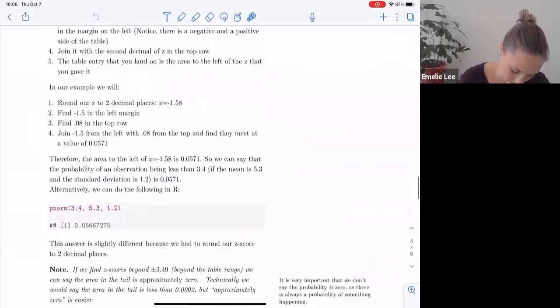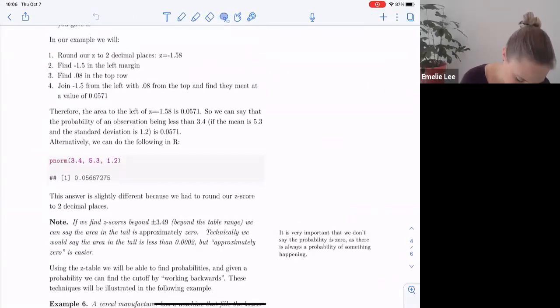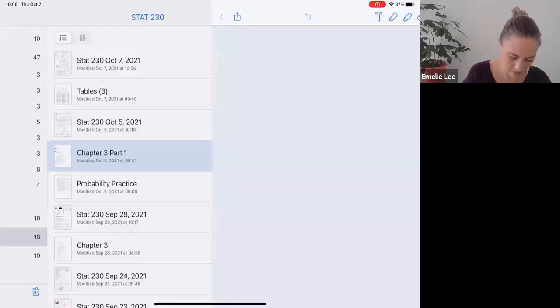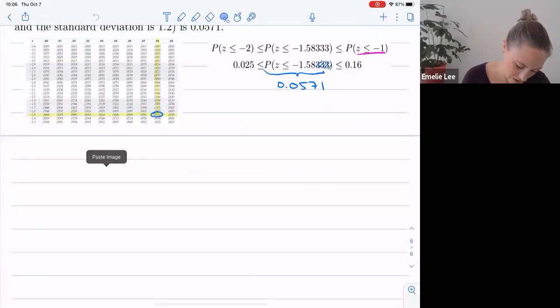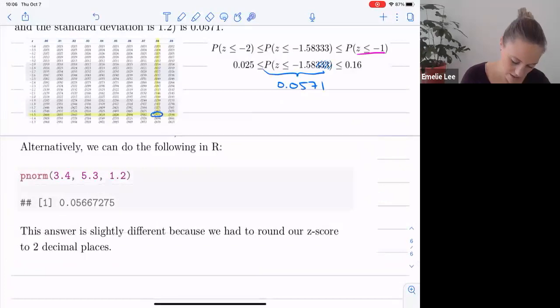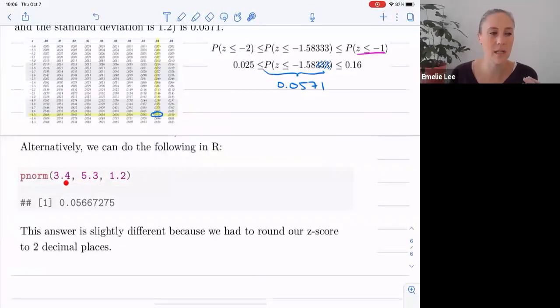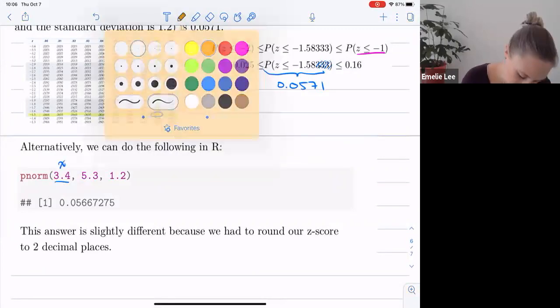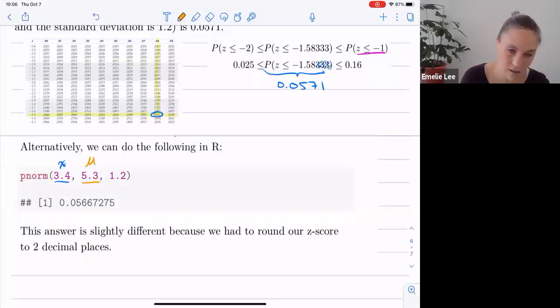So in R, we can use what's called the p-norm command. So it just does it for us. And I just recently saw p-norm of just the z-score. So we can do this in R. If we use the p-norm command, which is just built into base R, it takes the x, it takes mu, and it takes sigma.